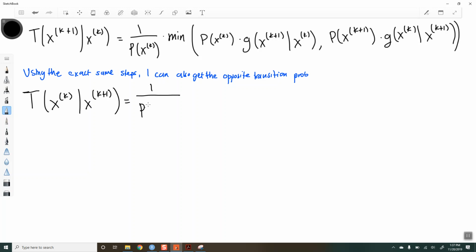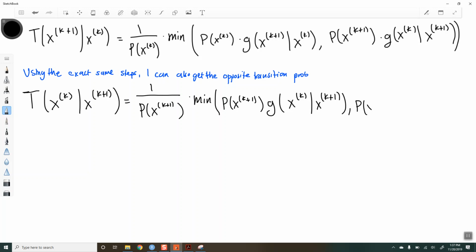So this is going to be the probability of xk plus 1 times the minimum of the probability of xk. Probably should have used different letters, but I'm sorry, this one's xk plus 1 now. So we're going to have g of xk given xk plus 1. You could do this on your own, but this is what we have, okay?